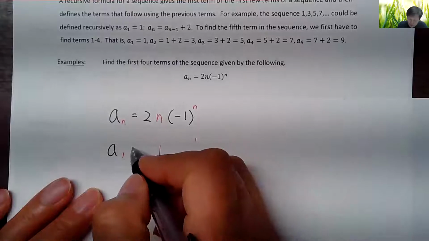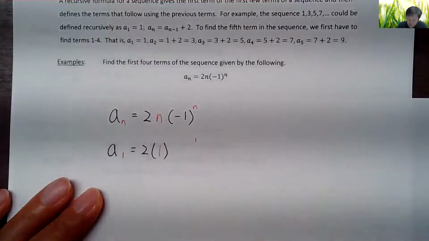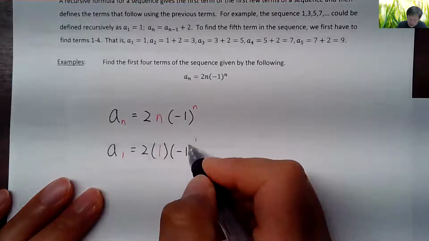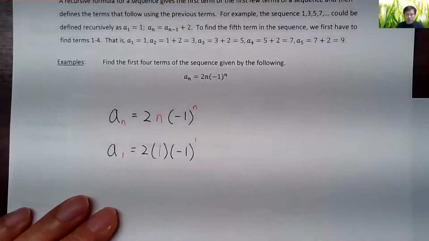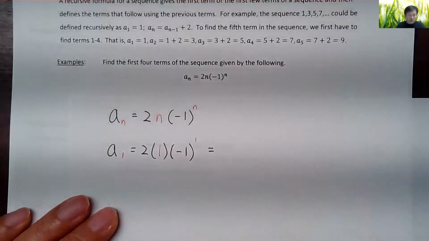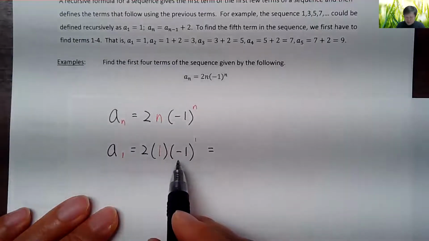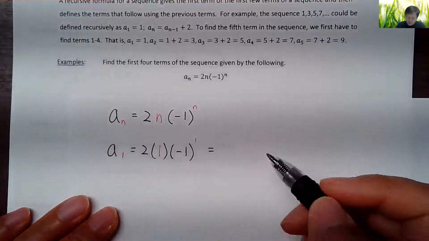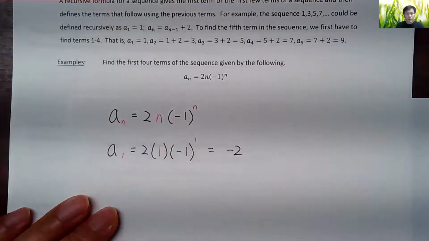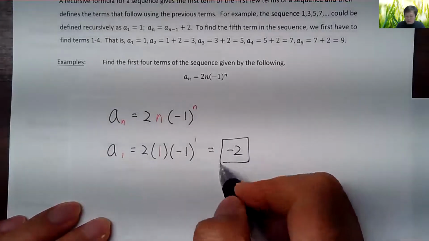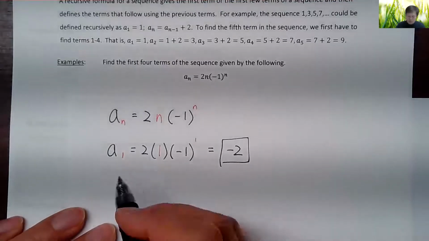A sub 1 equal to 2 times 1 times minus 1 to the power of 1. If you have a calculator available, you can put that into the calculator, or this is simple enough. Minus 1 times 1 times 2. So first term, we got minus 2.